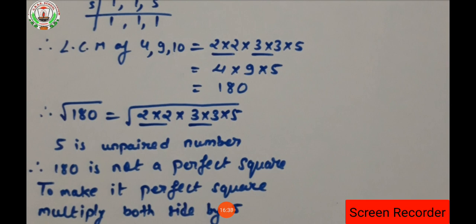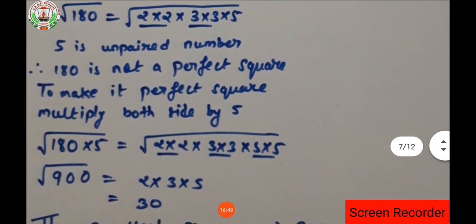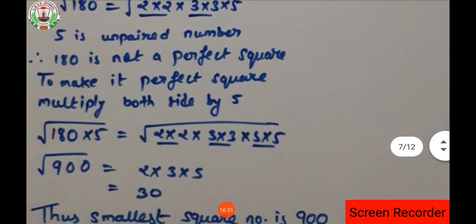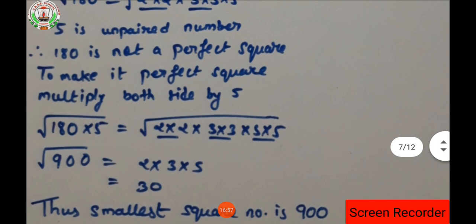We have to multiply by the factor 5 on both sides, as 5 is the unpaired number. So 180 will be multiplied with 5, so it will become 900, and 5 will be multiplied on both sides, so again the pair will be formed.